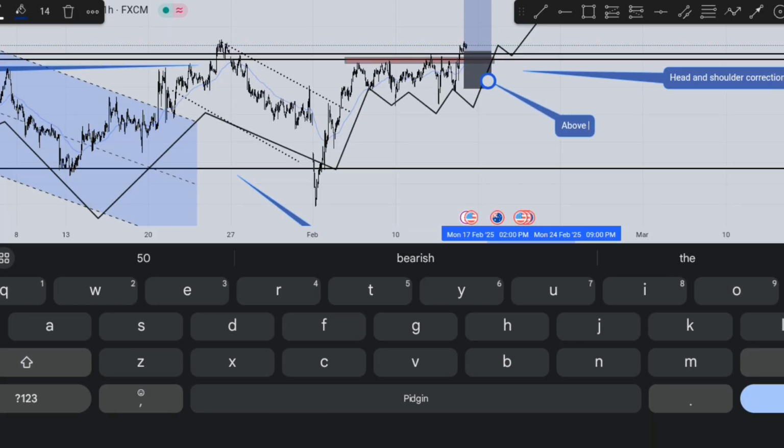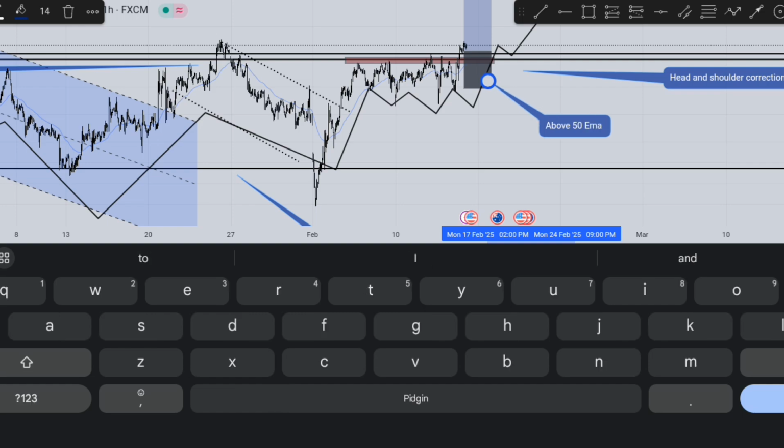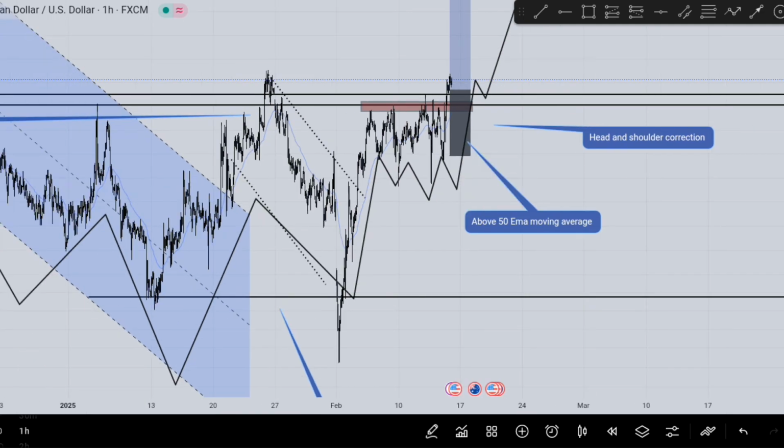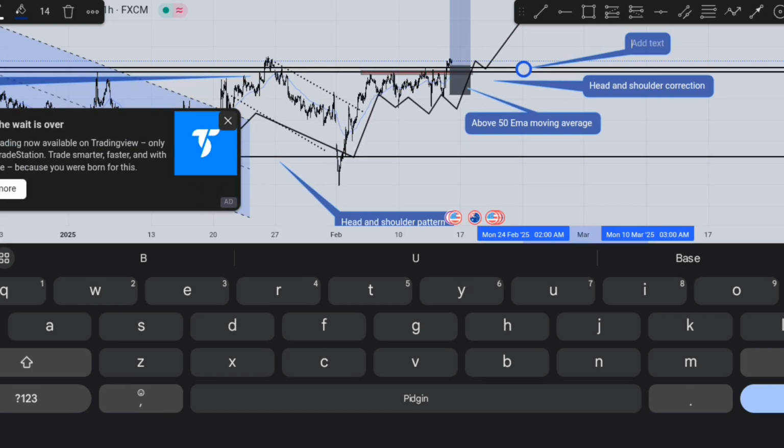It's above the 50 EMA moving average. So guys, it's above the 50 EMA moving average. It has broken support already. It's broken resistance to make it support.